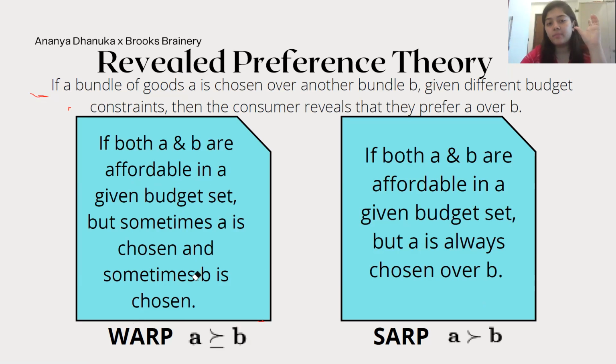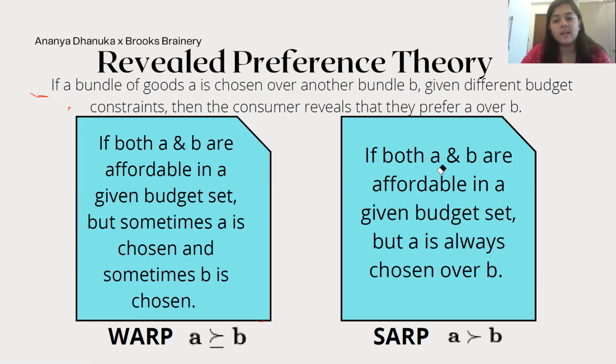And when you actually plot that on the indifference curves, you can notice this behavior: even if both A and B are affordable, there are certain situations where A is chosen and certain situations where B is chosen, then the consumer is exhibiting the weak axiom of revealed preferences. So the preferences in general are weak, and the theory corresponding to it is the weak axiom of revealed preferences.